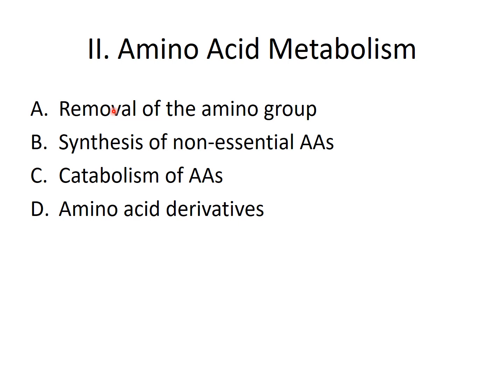At first, I will talk about the removal of amino group, which is actually important in catabolism of amino acid, but you will see that transferring an amino group from one amino acid to a keto acid will produce another amino acid. So it is also important in synthesis of amino acids. And I will talk about also the bioactive products that are produced from different amino acids.